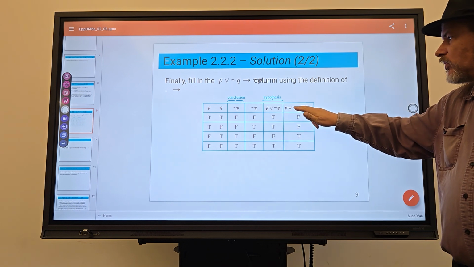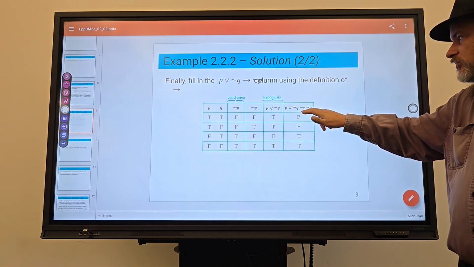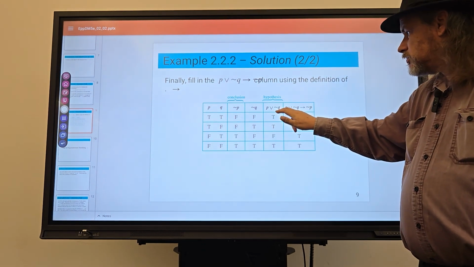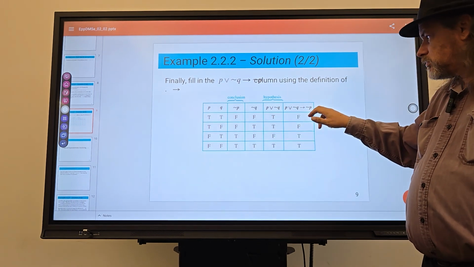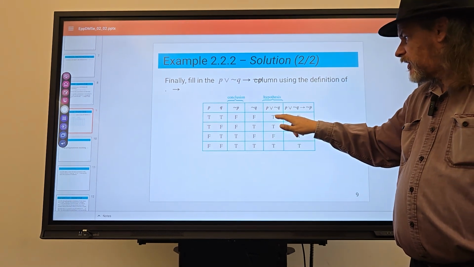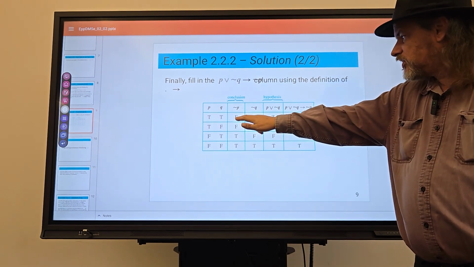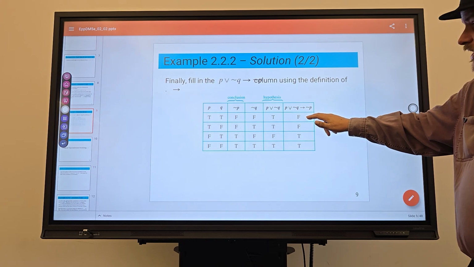Use the rules for the implies, the conditional, to evaluate from the hypothesis and the conclusion. If the hypothesis is true and the conclusion is false, then the implication is false.